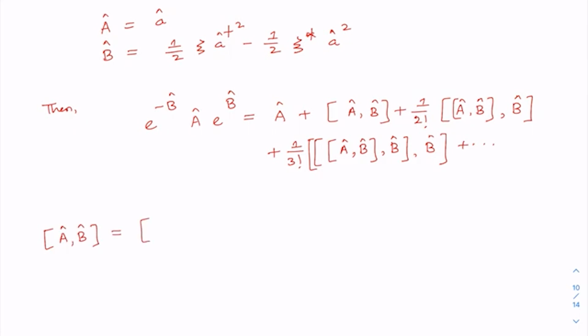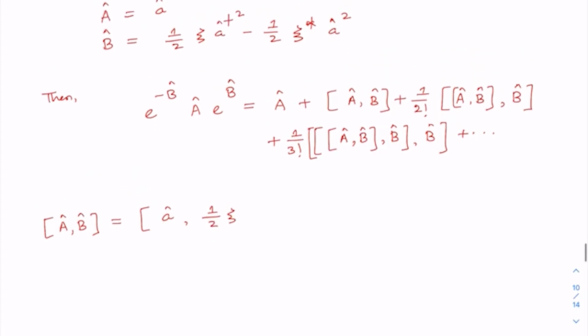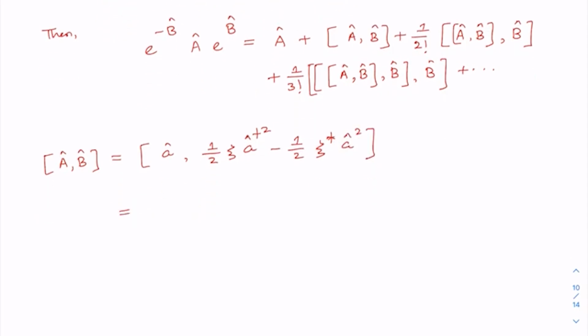capital A is equal to the small a, and B is equal to half ξ a dagger square minus half ξ star a square. Because a commutes with a square, we need not bother about that part, so we have to bother about this part.